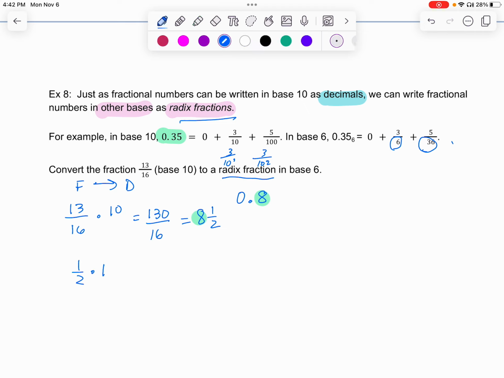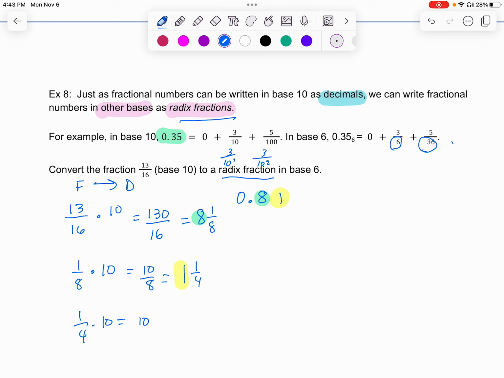So I'll say 1/2 times 10. I'm sorry, this is not 1/2, this is 1/8. Okay, so I'll say 1/8 times 10, which gives me 10/8, which reduces to give me 1 1/4. And again, I'm going to save this whole number part, and that will go right here. And then I'm going to repeat the process with the fraction.